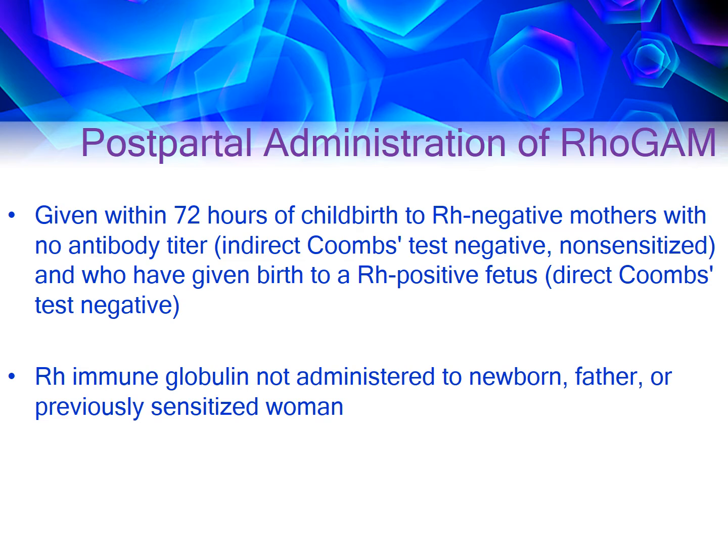Now, Rh immune globulin is only for the mom. So we don't give it to the newborn or the father or any woman that has previously been sensitized. They will not get it postpartum in that case.